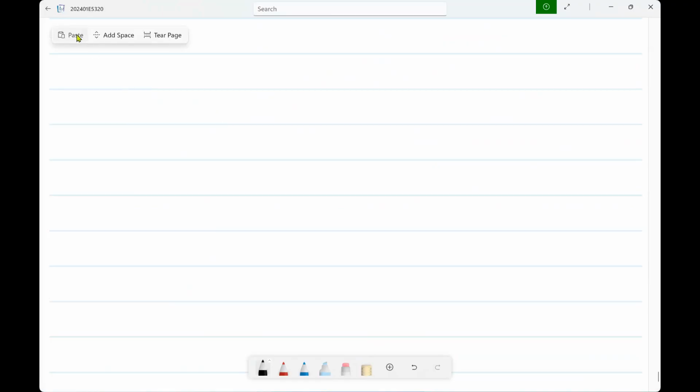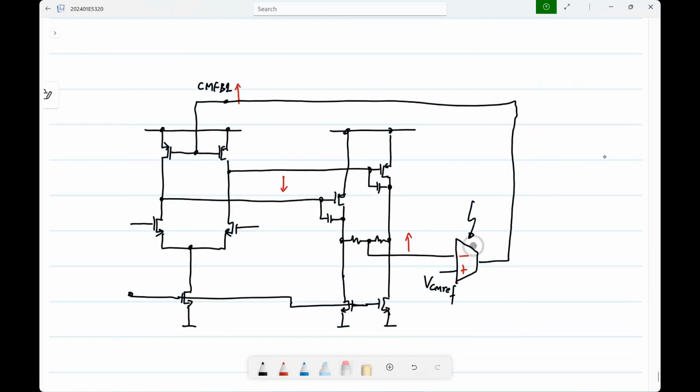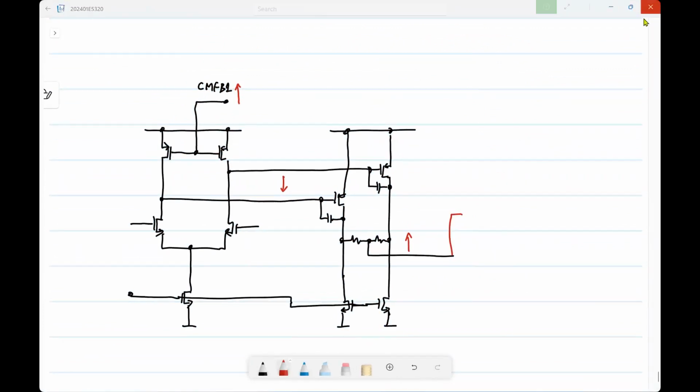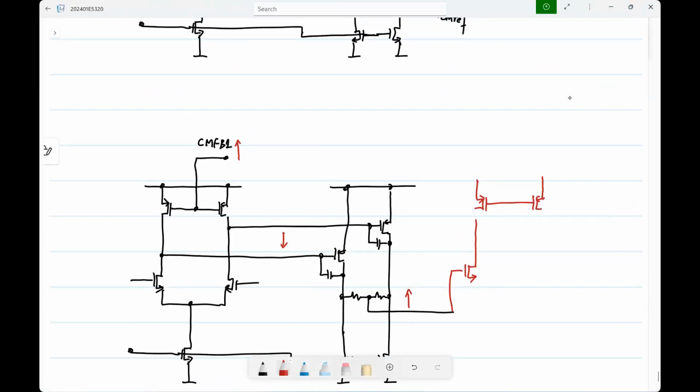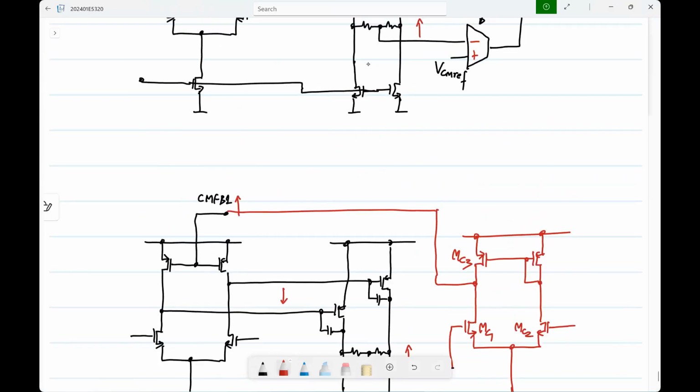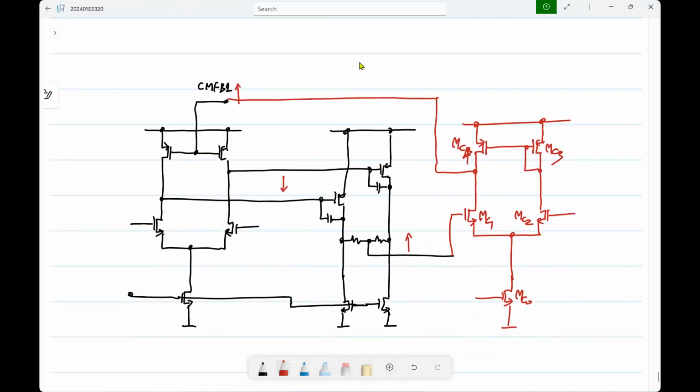Normally we have been using the standard single stage op amp, which basically is, and you complete the common mode feedback. Right.